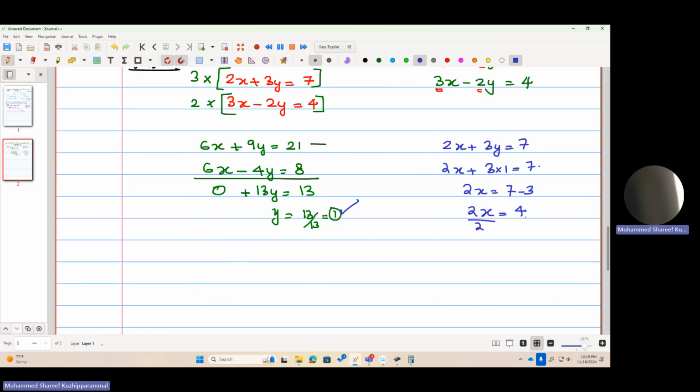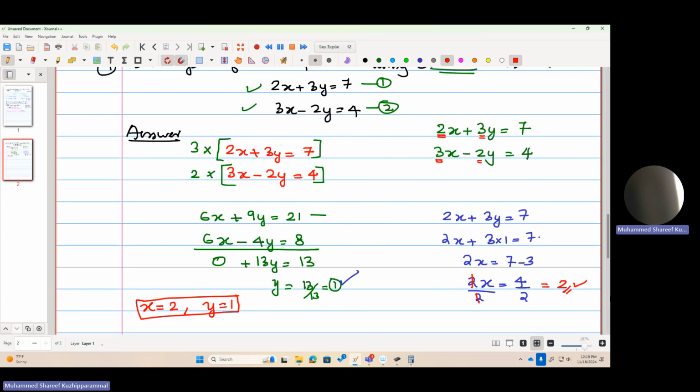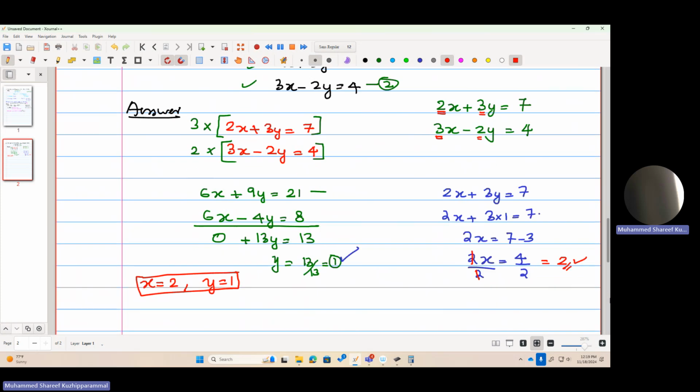So 2x by 2 and here 2, you understand? So 2 cancel. x is equal to 4 by 2, which is 2. So here your x value is 2 and your y value is 1. This is the solution of this system of linear equations.